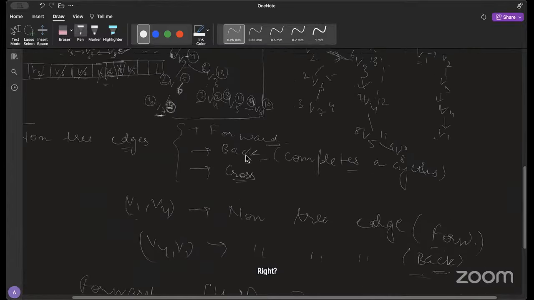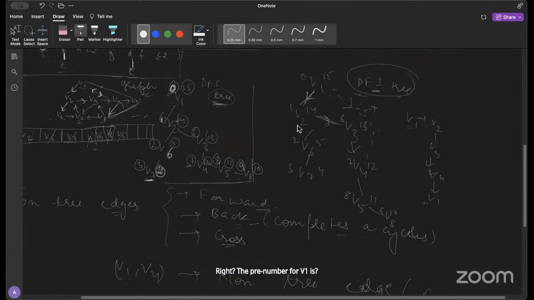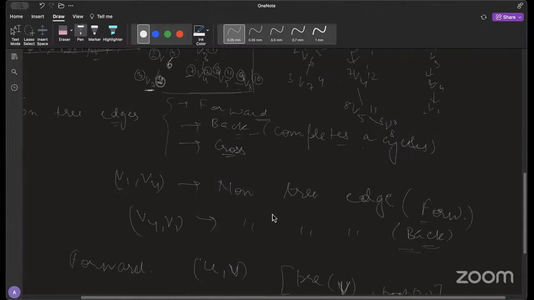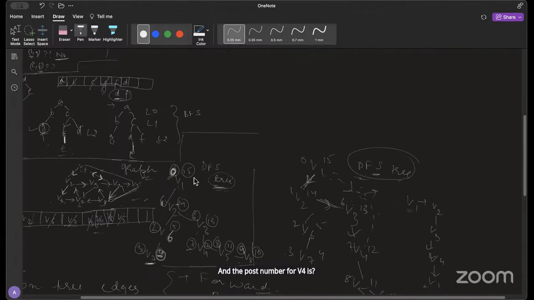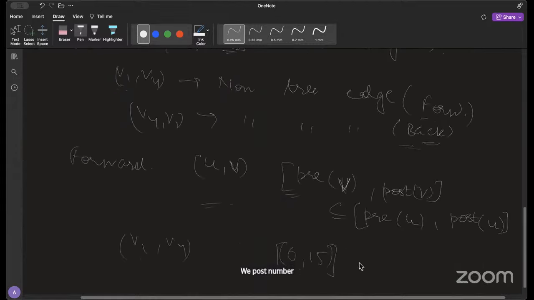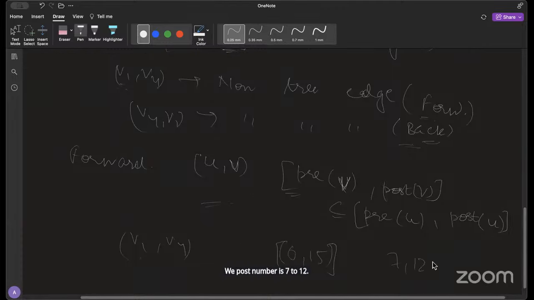The pre number for V1 is there, it's 0 to 15, right? And the post number for V4 is 7 to 12.